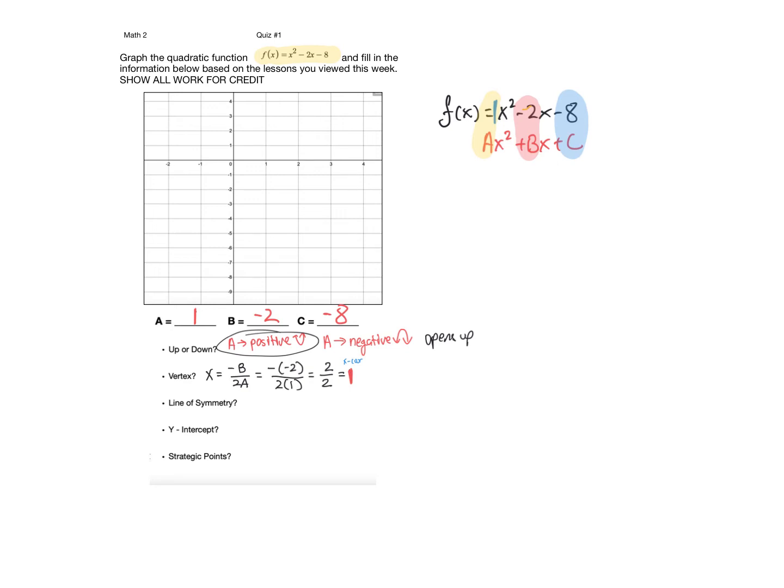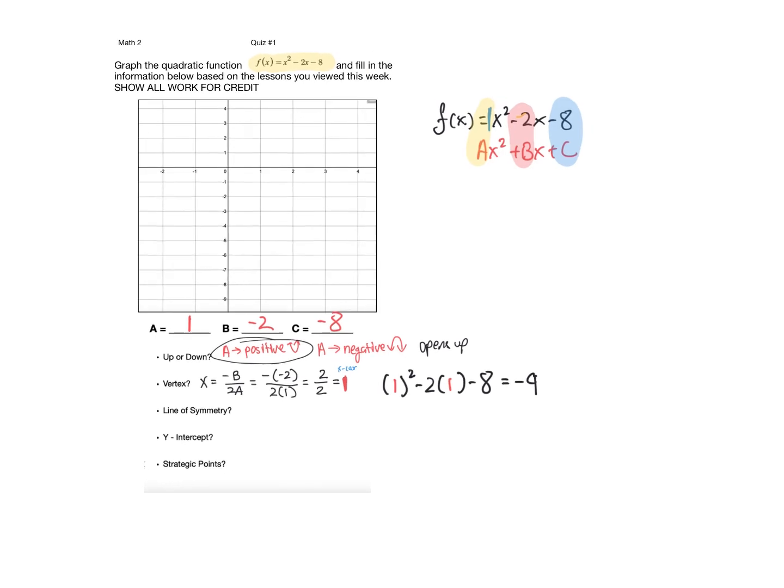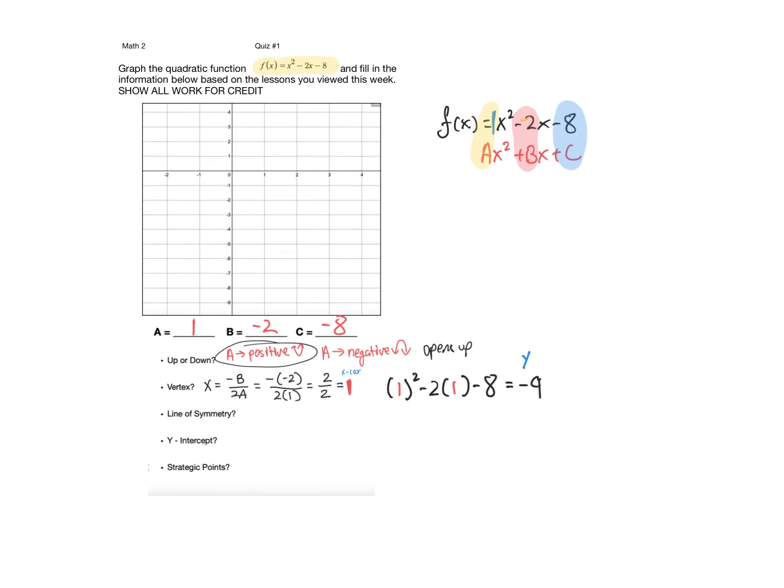To find the y value, I will have this plugging in 1 squared, -2, and plugging in 1 again, and then -8. After we do all this out, whether you do it on your calculator or not, this is going to give us a -9. And this is going to give us the y-coordinate of our vertex.